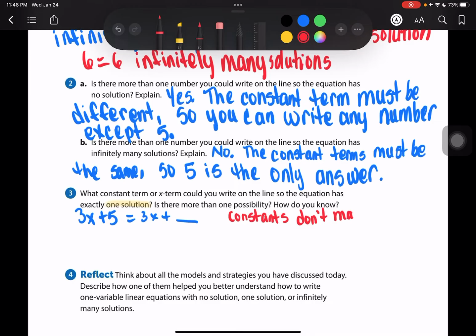Don't matter the number for the constants. But the variable terms must be different values.